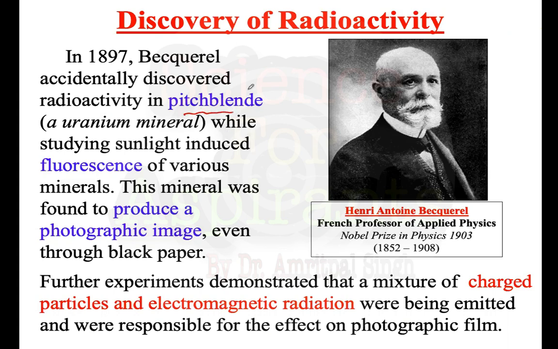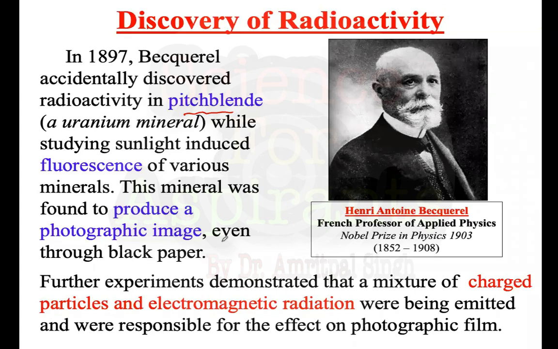When the salt was placed near a photographic plate covered with opaque paper, the plate was found to be fogged. This phenomenon was found to be common to all of these uranium salts, and he concluded that the rays were emitted from the uranium, and he gave the name Becquerel radiations to this radiation.